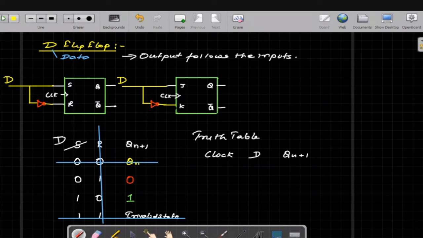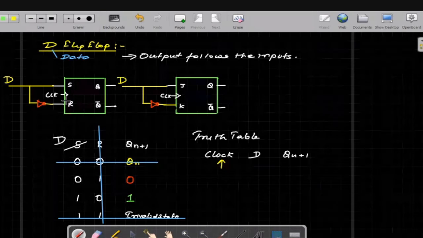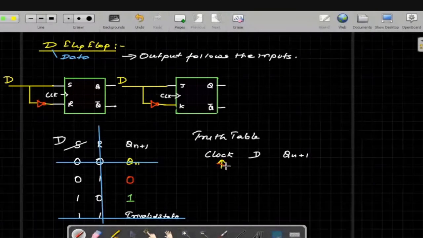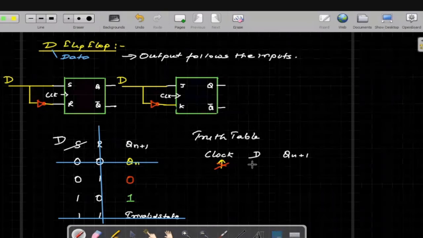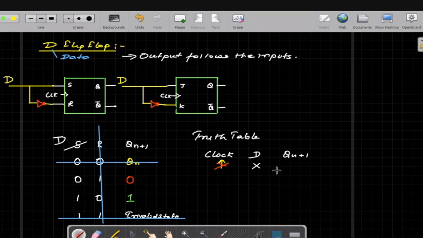If clock is not there, then no matter what input you apply at the D flip-flop, it will always reflect the past output.